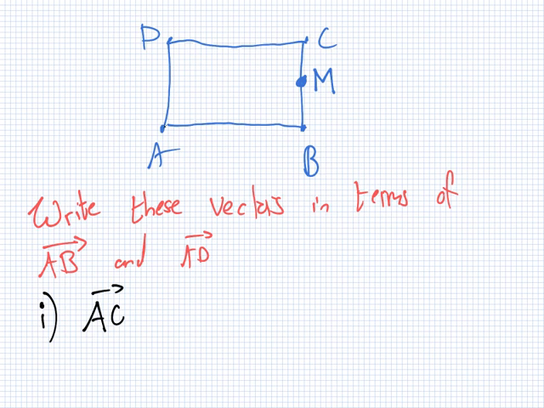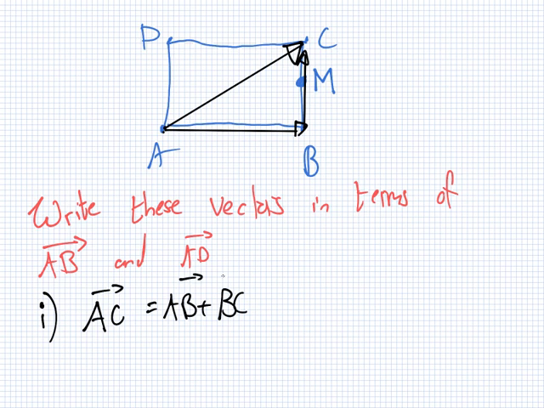So if you look at vector AC, here it is here. You could say it equals AB plus AD. But then you would have to change one of them. Because AB is actually the same as DC.